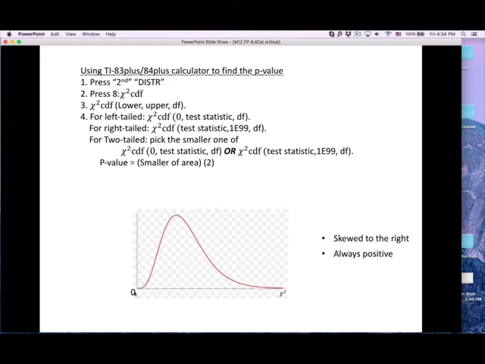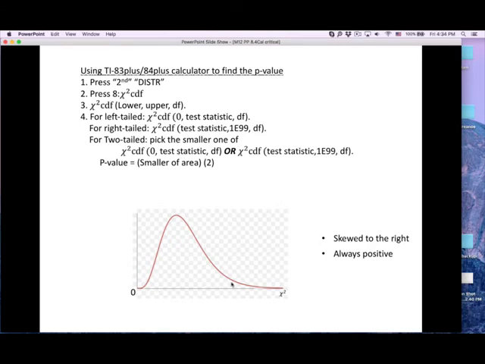So for a left tail test, that will be chi-square CDF from 0 to the test statistic, then the degrees of freedom. For the right tail, it is your test statistic to 1e99, then the degrees of freedom. For a two-tail test, you have to try both, because once you find the test statistic, you don't know whether it belongs on the left-hand side or the right-hand side.